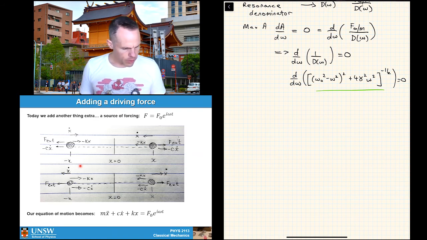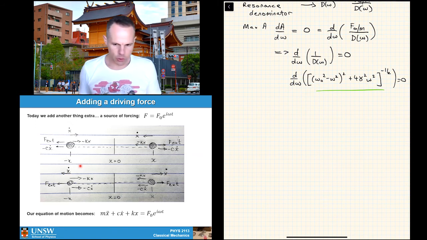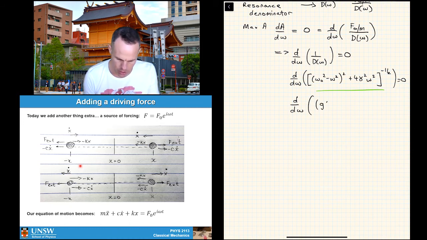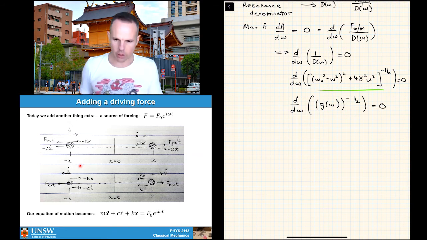All right. The way we can do this most easily is to use a thing called the power function rule. So what we can write this thing as is d on d omega, and I'm going to introduce a new function here just to make this workable that is basically g of omega to the minus a half equals 0, okay?